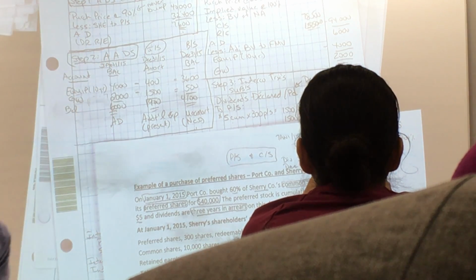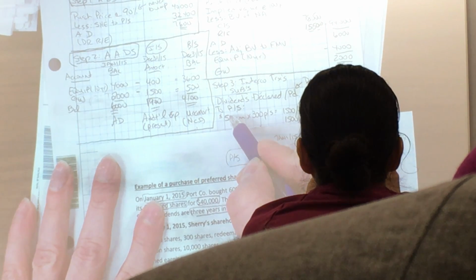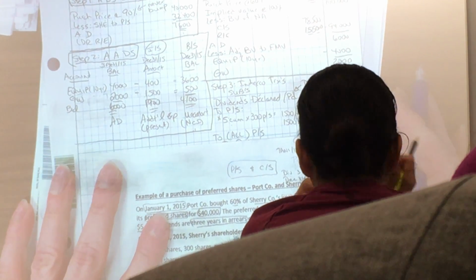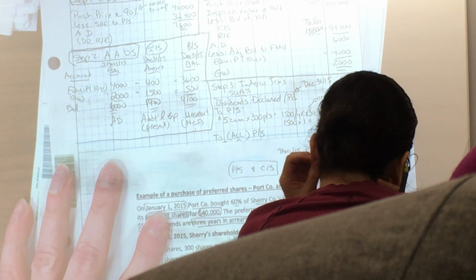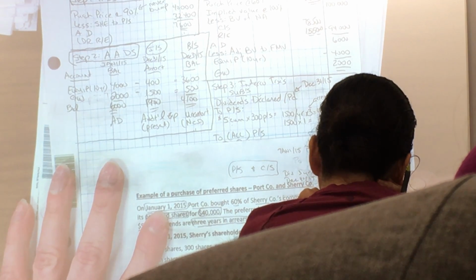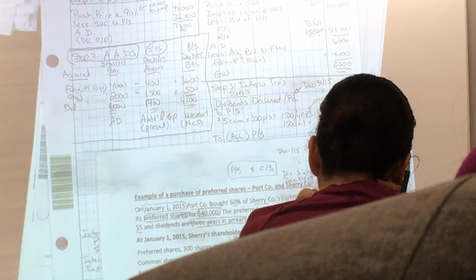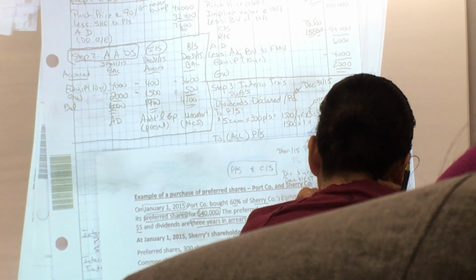Okay? So when we added the total amount of dividends eligible for the preferred shareholders, that amounted to $6,000. That $6,000 comes off the total amount of dividends that was declared. But for the parent's point of view, we have to eliminate those intercompany transactions.